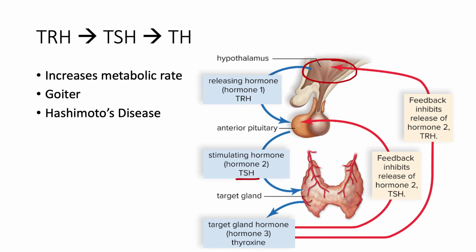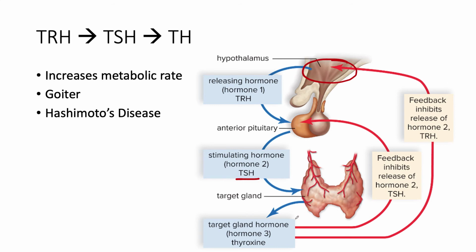Thyroid gland is sort of at the base of your neck, sort of where the hollow is, at the bottom of your neck. The thyroid gland is going to respond to the thyroid stimulating hormone by producing thyroxine or thyroid hormone. Now, why do we make it so complicated? It's so that we have a lot of different ways to regulate the system.